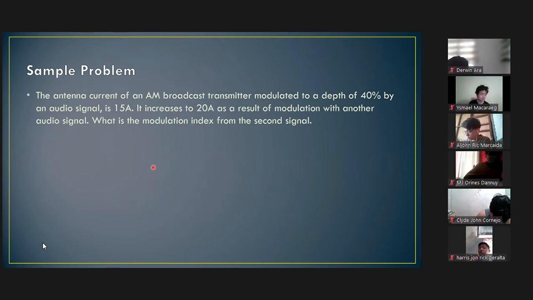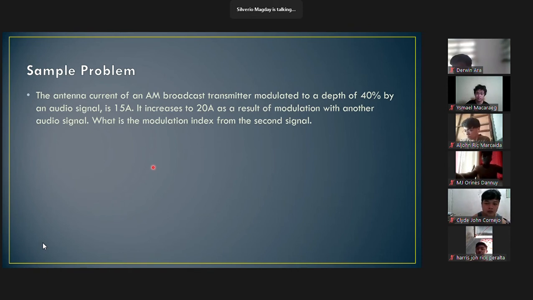So ano yung unang i-compute dito, guys? Ano yung 40%? That is the first, tama? Tapos nagkaroon ulit ng another modulation index, kaya nag-increase na siya sa 20 amperes as a result of modulation with another audio signal.